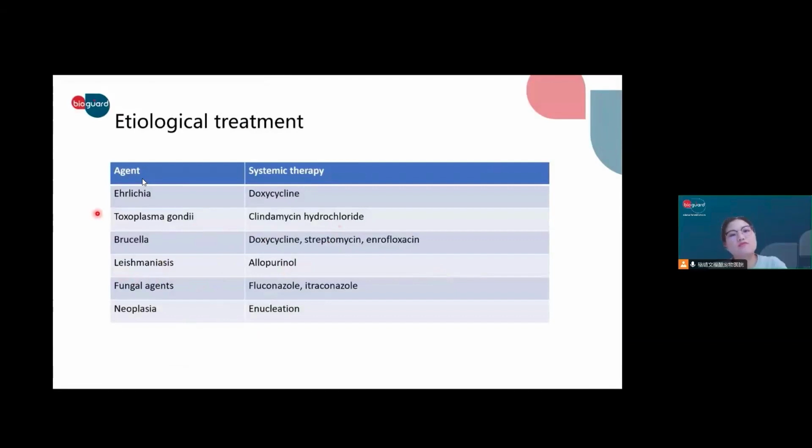If there is Ehrlichia, I mean the underlying disease, maybe we need to use doxycycline. If there is Toxoplasma gondii, we may use clindamycin.